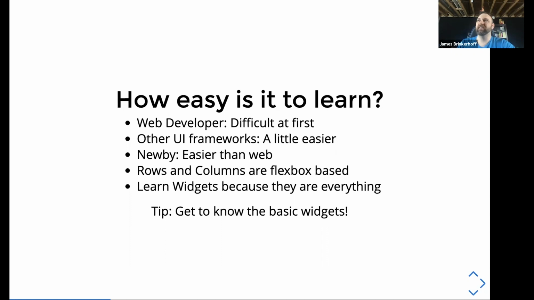I can't remember if they have Cupertino, but Material was their base, and then they had whatever the old design system that iOS had. So if you were running the device on iOS, it looked like an iOS app. If you were on Android, it looked like an Android app. And that's actually a big part of the problem I had with Ionic, that it just wasn't customizable. Yeah, so that's essentially what Cordova is.